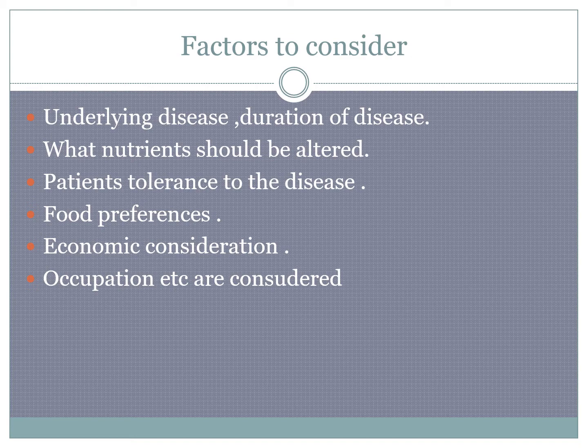What underlying disease they have, and what is the duration of the disease, from how long they are facing that particular problem or disease. That information one needs to have, and what nutrient needs to be altered.